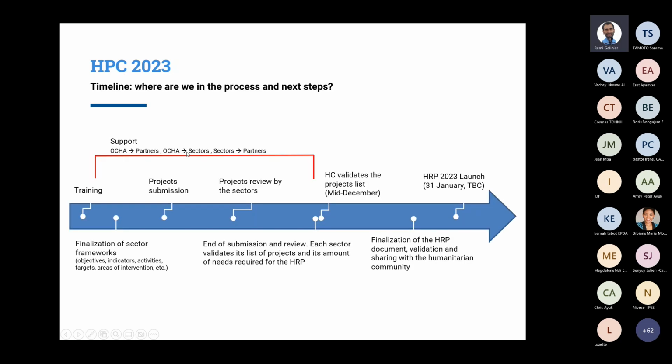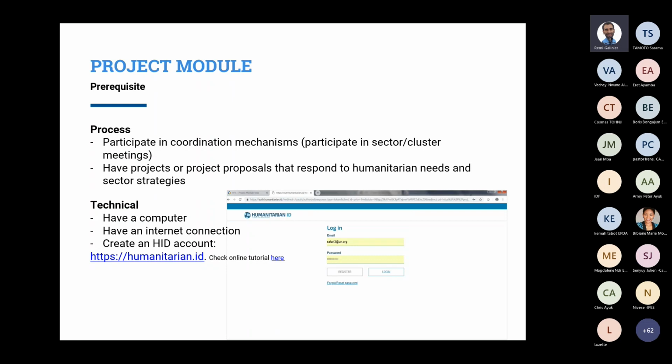Okay, so regarding the project module, to be able to use a project module, we distinguish two things: the process and technical. So first, you need to participate in the different coordination mechanisms. You need to participate in a sector or cluster meeting. Your project or your proposal should respond to the humanitarian needs and the sector strategy.